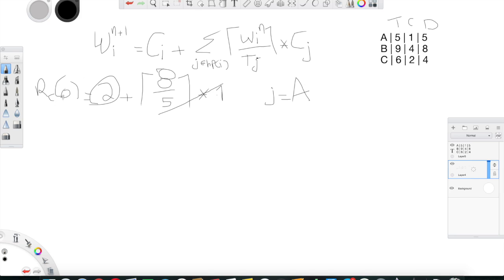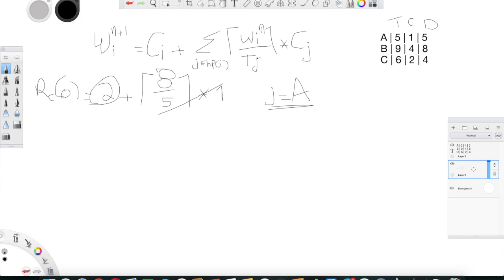Again, R C of 0 is equal to the computation time of C, which is 2, plus the summation. Actually, I do not need a summation here because I only have one task that has a higher priority than task C, which is task A. So J is equal to A.